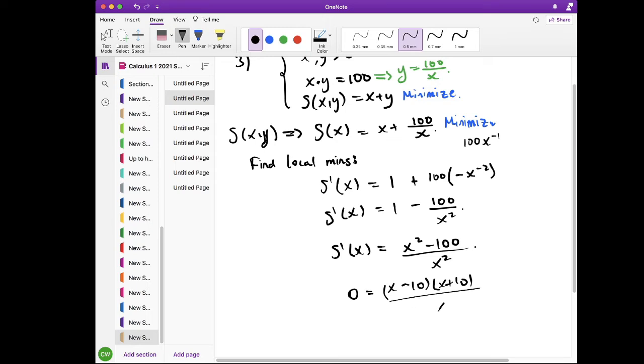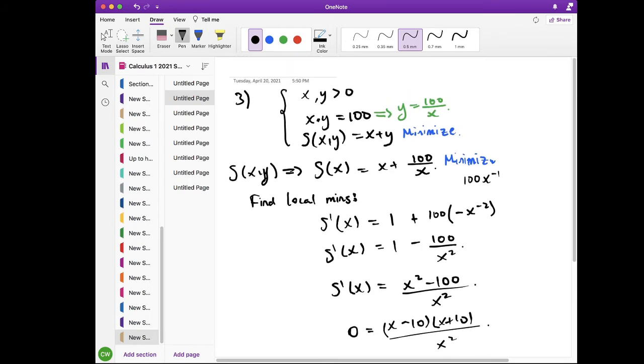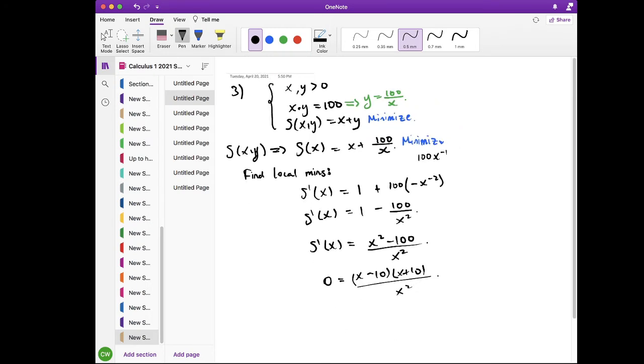So which critical number is good? There's a couple of critical numbers here, right? Which one do you care about? I claim there's only one you really care about. 10, yeah. Why not -10 and why not 0?